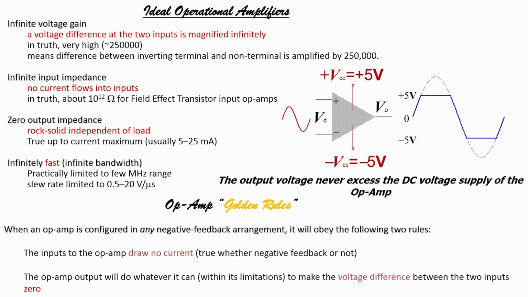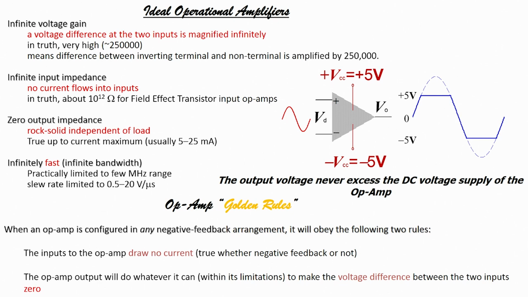But in case of a practical op amp, the voltage gain is very high, the input is magnified over a very high range, but not infinite. Input impedance is extremely high, but not infinite. Output impedance is close to 0, but not 0.